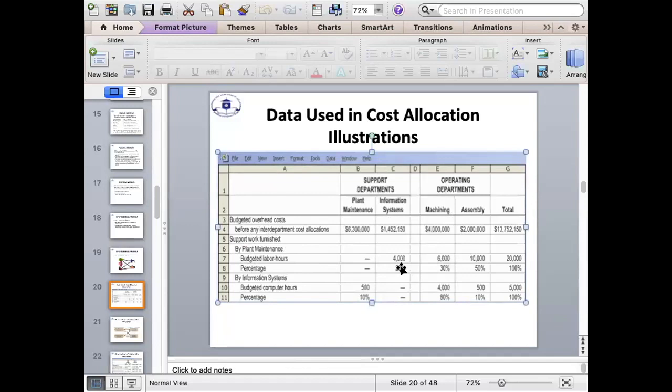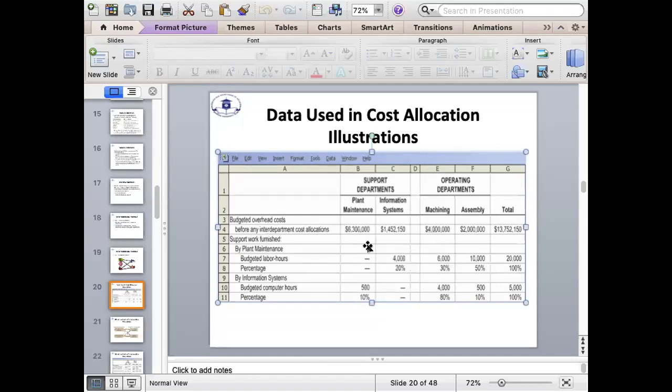It means the allocation of budgeted labor hours will be this and this, which means 30%, 50%. Of course, 20% allocation would be here, but this is the direct distribution method, so we will not allocate anything to information system.